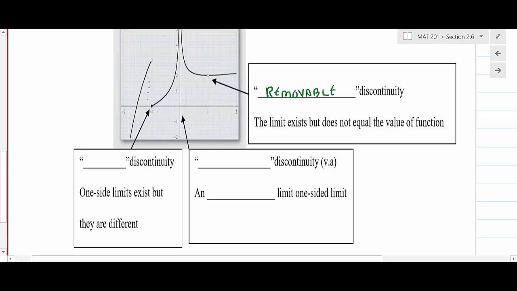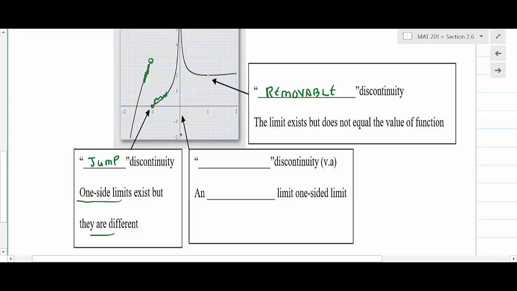And then if you have this situation where the limit doesn't exist, we call this a jump discontinuity. This basically says the one-sided limits exist but they're different. So clearly the left-hand limit approaches a different number than the right-hand limit, so it's a jump discontinuity. And this one you have at x equals 0 right here.